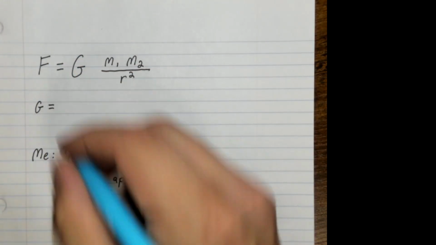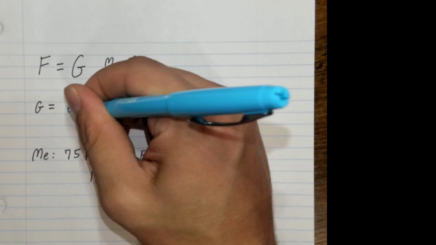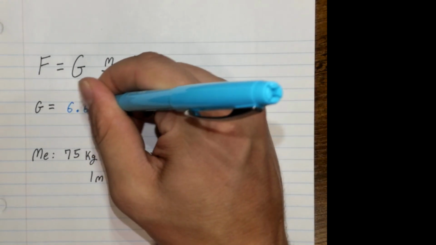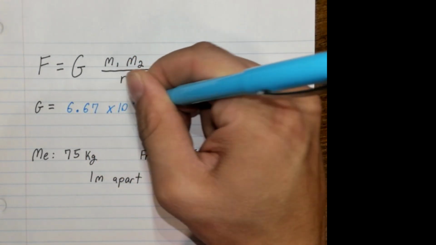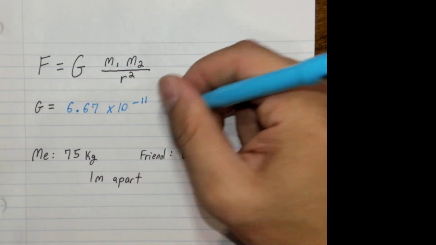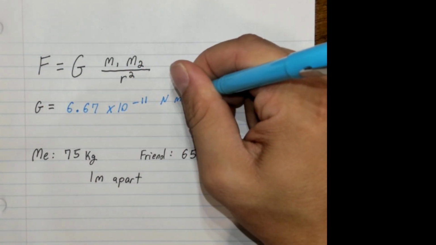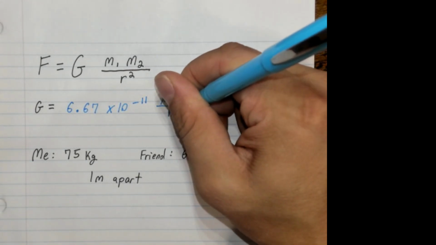So for this class, it's a little bit more precise than this, but for this class, our gravitational constant is going to be 6.67 times 10 to the negative 11 Newton meters squared over kilogram squared.